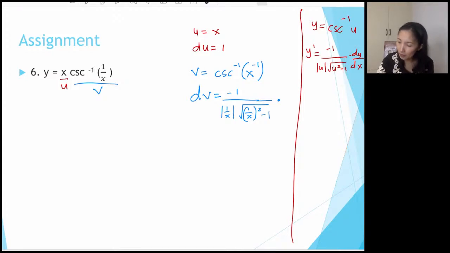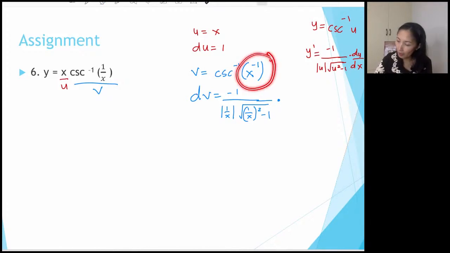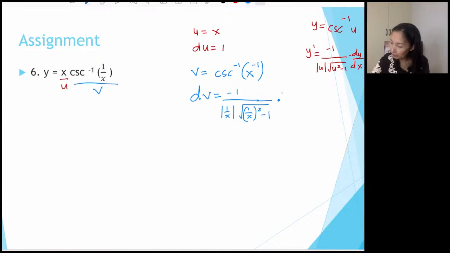Let's make it bigger. Times the derivative of x raised to negative 1, which is negative x raised to negative 2. Or when simplified further, what is dv equal to?